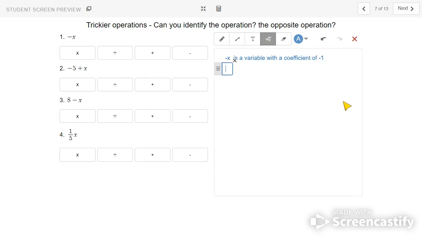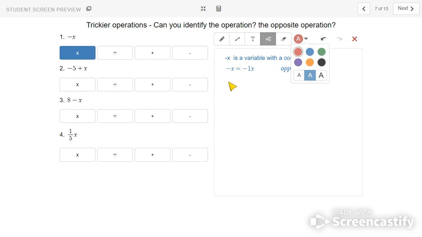So really, negative x is equal to -1x. And we know that a coefficient means that I have -1 times the variable. That would mean our first one is a multiplication. So the opposite operation of this would be to divide by -1.